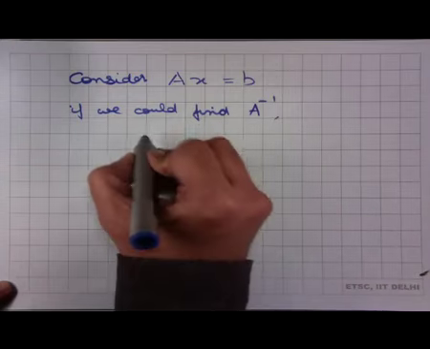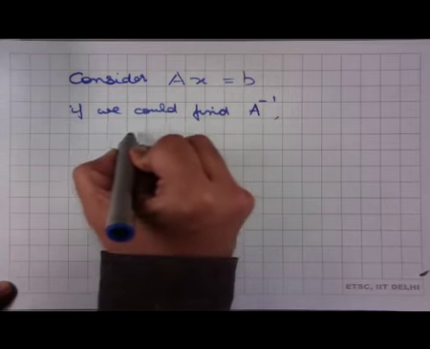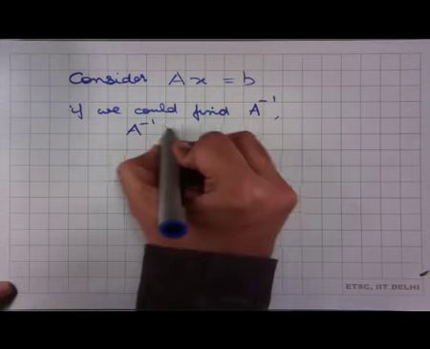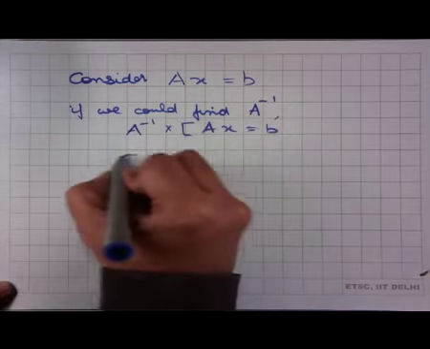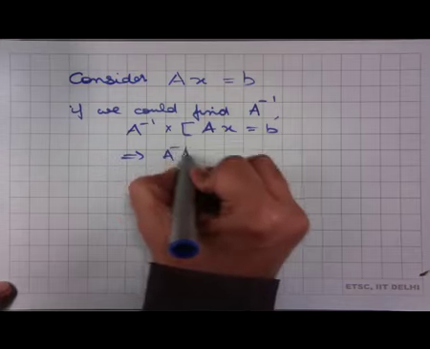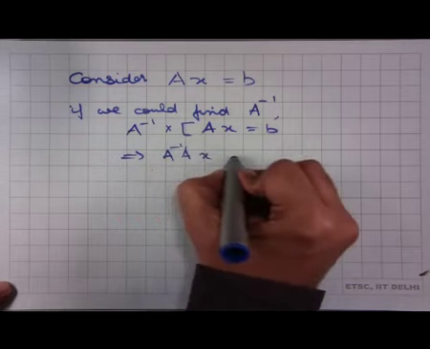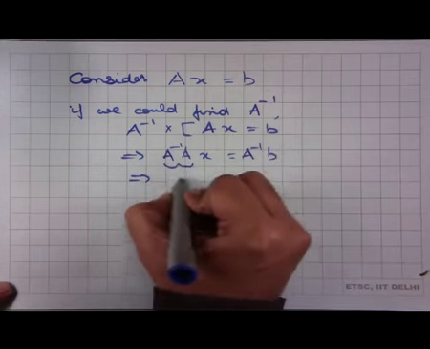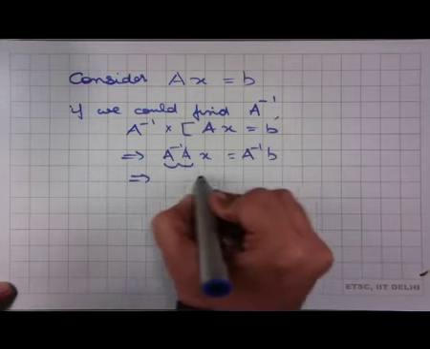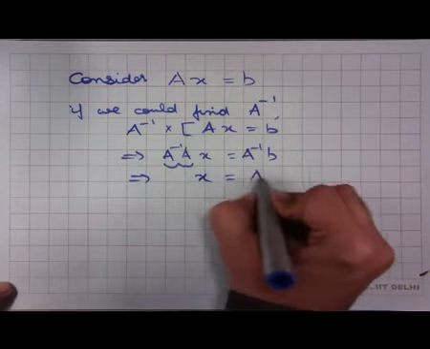then we would multiply through on the left. So, we would say A inverse times Ax equal to A inverse b, and then A inverse A is nothing but the identity, and identity times a vector x is just x itself. So, x is A inverse b.